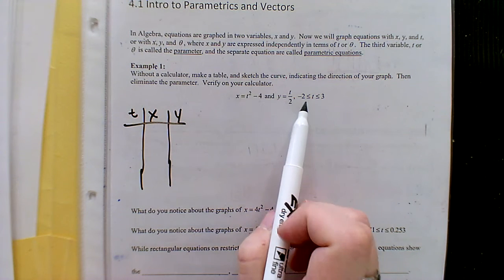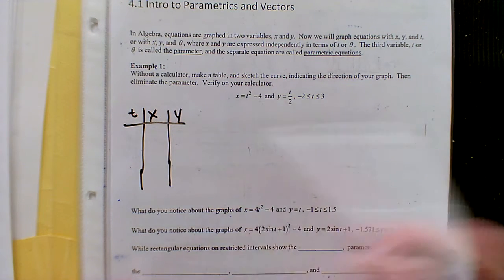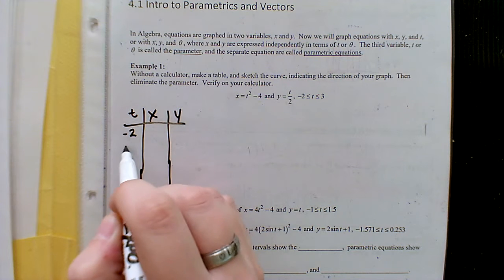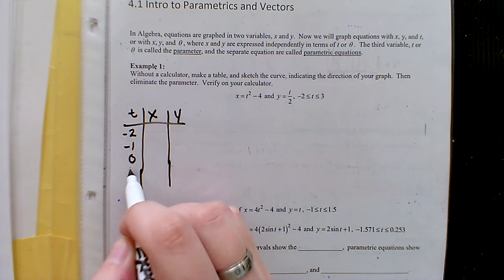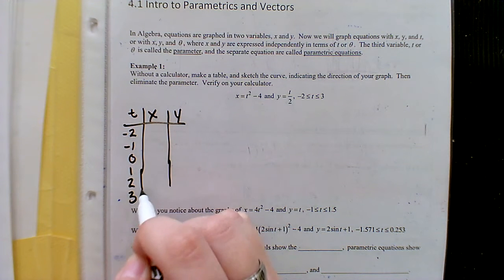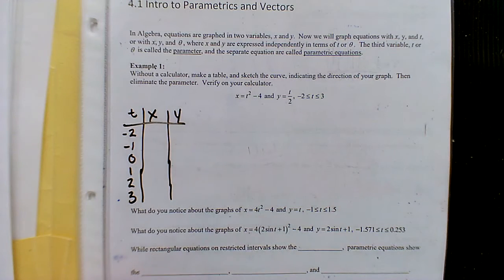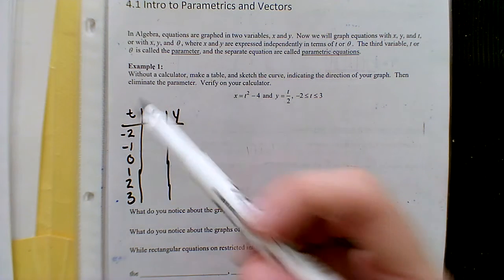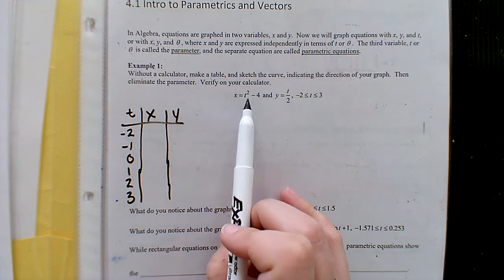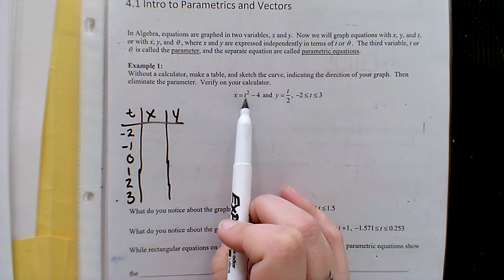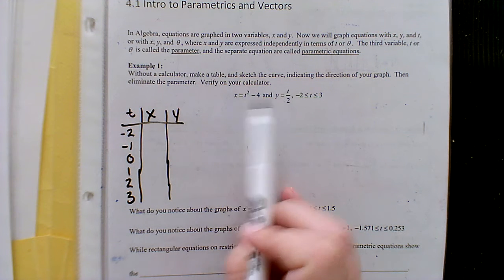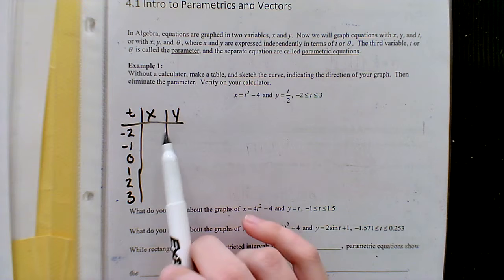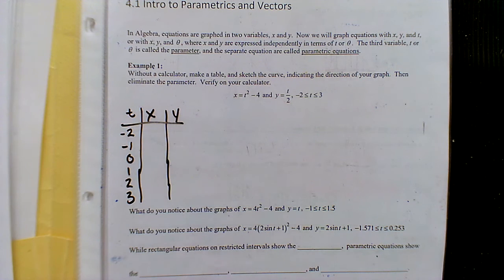We specifically want time values from -2 to 3, so maybe we'll just count by ones. All right, so at those individual times, we'll plug in those t values into the x equation and the y equation to get our x location and y location.